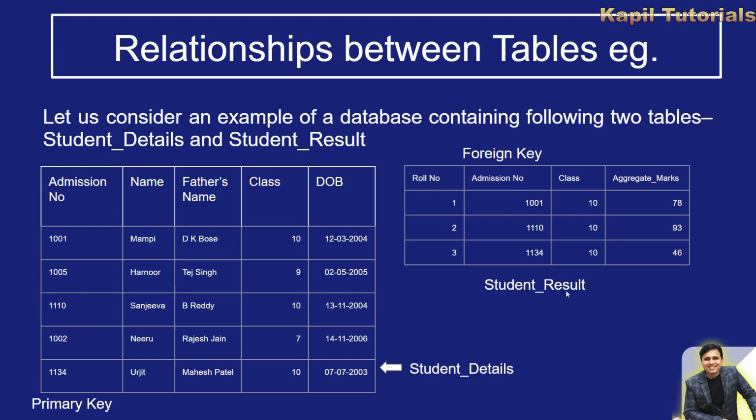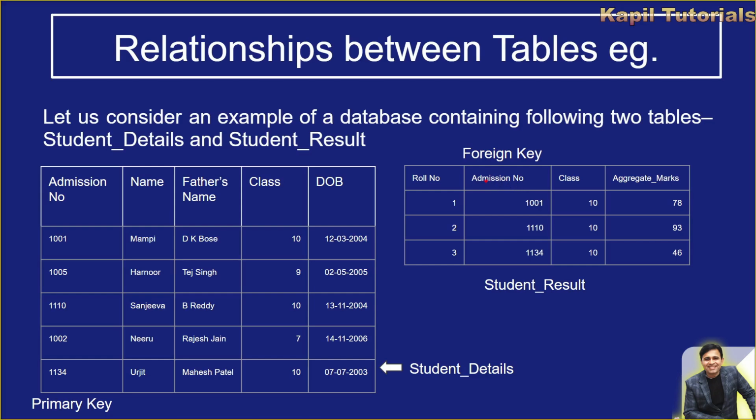Whole school will have a separate admission number for each student. Now, in the case of the student result table, you could see here I have used roll number as the primary key, and admission number, because this admission number is present here also. So the column is the same and the data type is also the same.